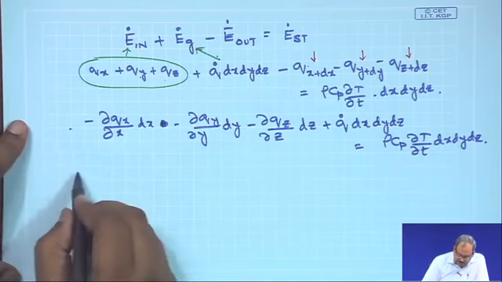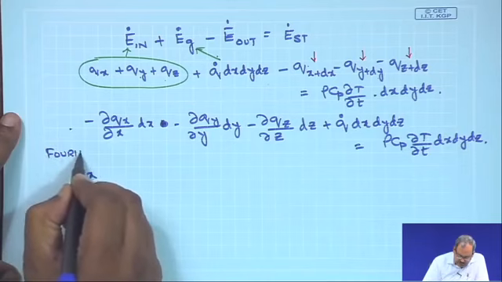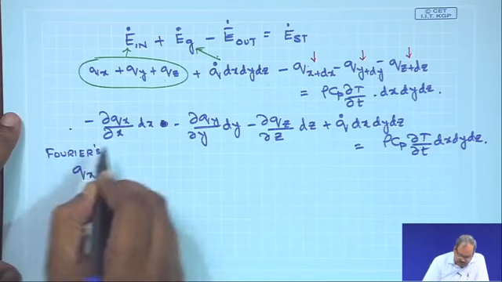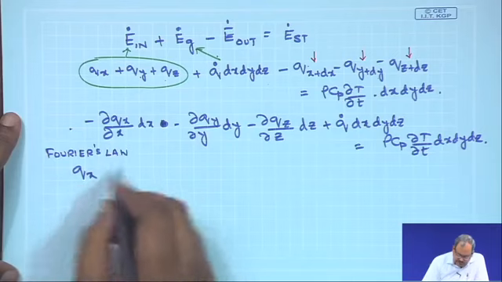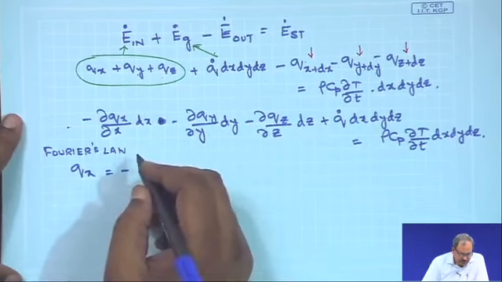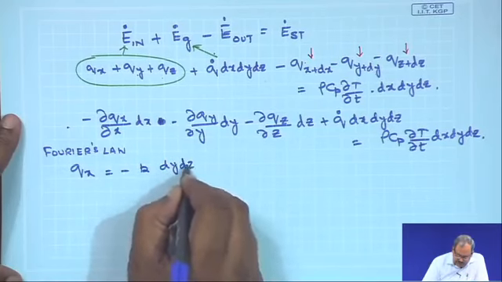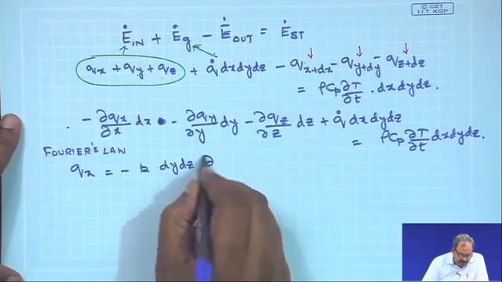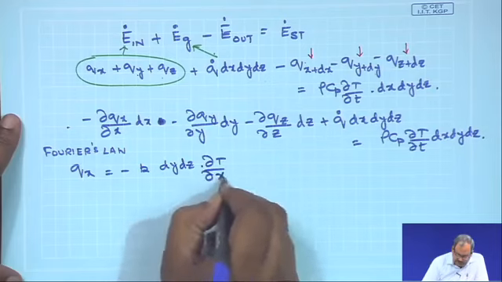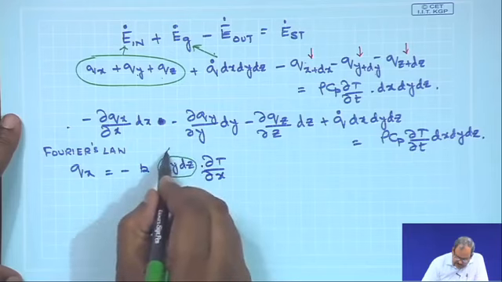Okay. We also understand this from Fourier's law. From Fourier's law, I can write that Qx is minus k times area, which is dy dz, times del T by del x. So, this is the area.